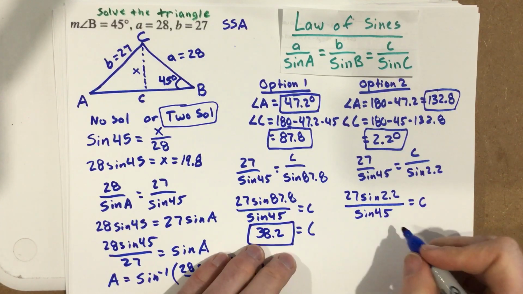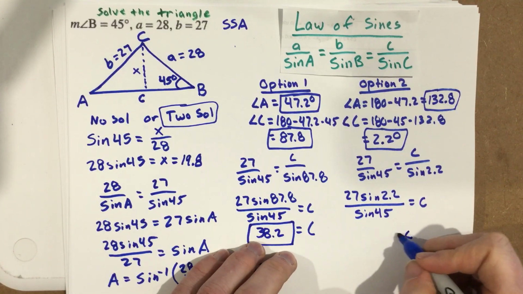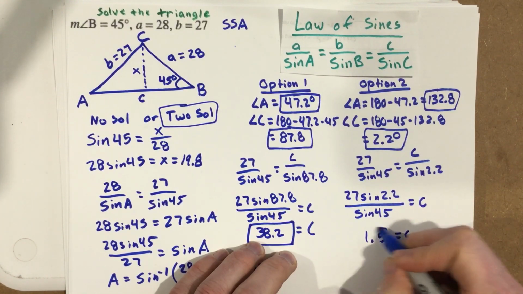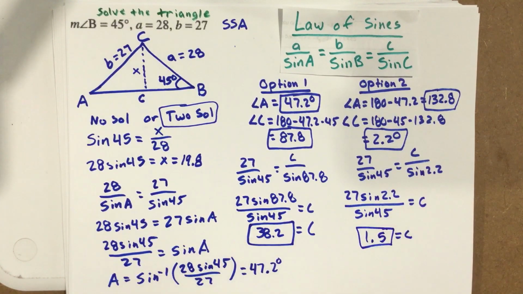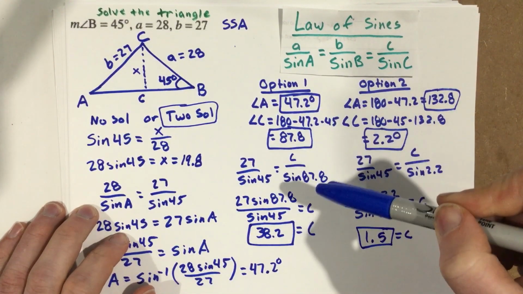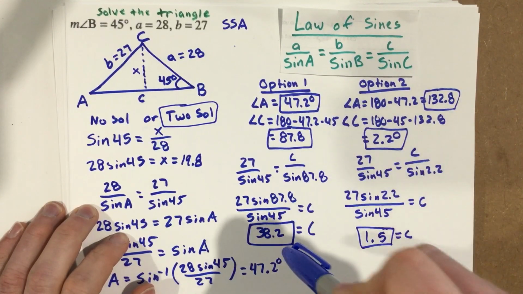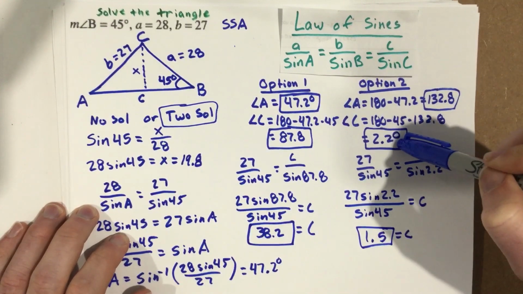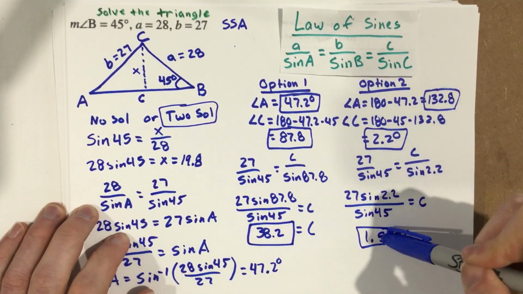And we get a side length C, which should be small, of 1.5. So our two possible solutions are 47.2 and 87.8 for the angles and 38.2 for the side length C, or 132.8 and 2.2 for the angles and 1.5 for C.